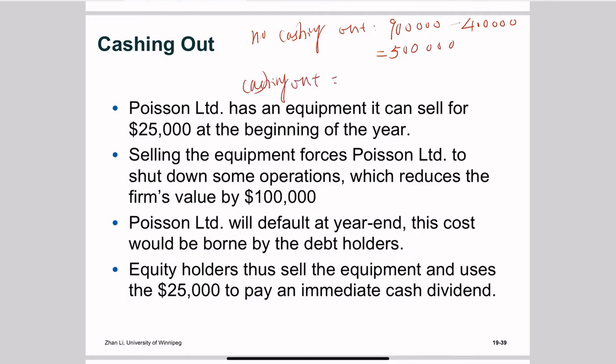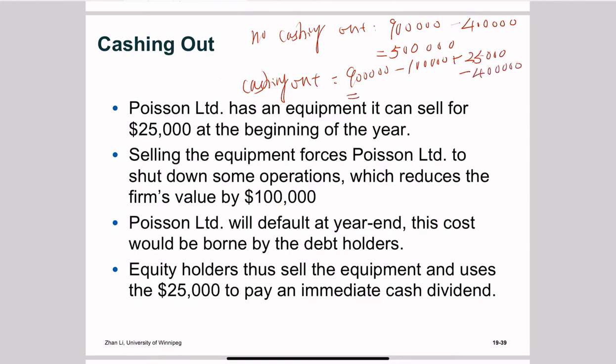Now what would happen is the firm's value would actually decrease by how much? It will decrease by $100,000, and they will get back 5,000. Still, they have to pay back the debt.